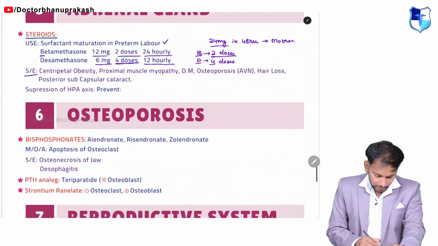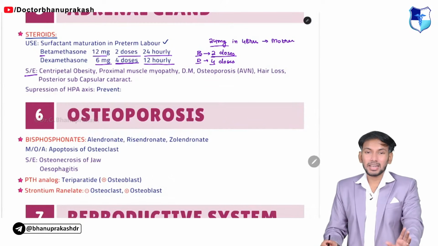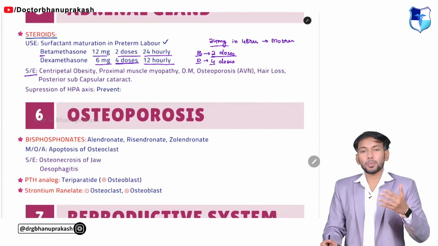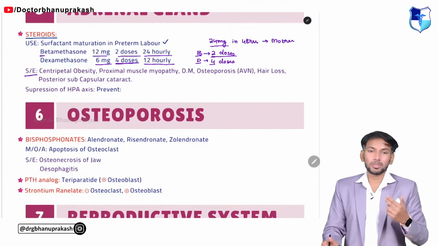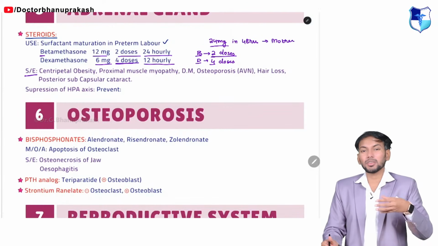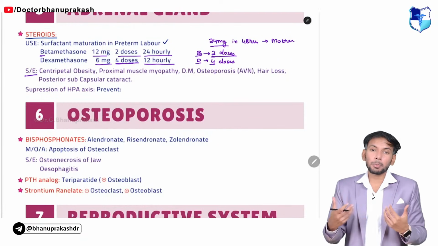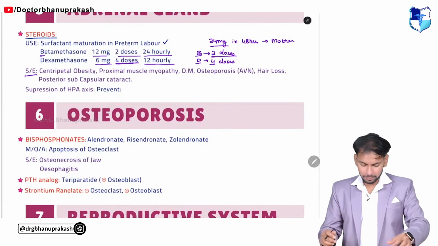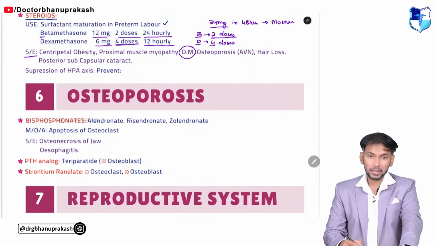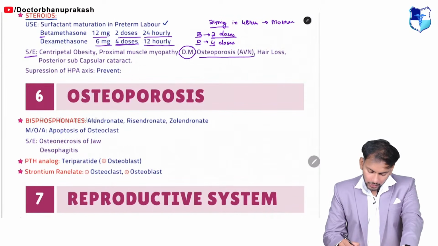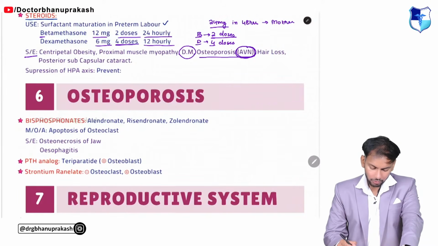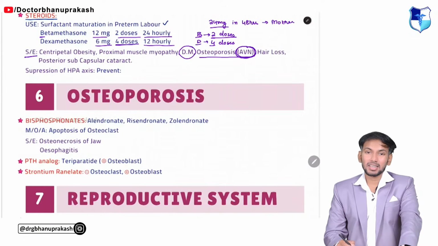Now, what are the side effects of this? It will cause centripetal obesity. It will also cause proximal myopathy. That is what gives you the lemon on stick appearance. So, basically, if you use steroids for a long period of time, it will cause Cushing syndrome. And it will also cause diabetes mellitus, osteoporosis, and severe use of steroids for a very long period of time will cause avascular necrosis.